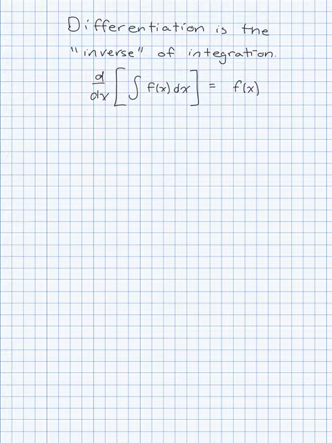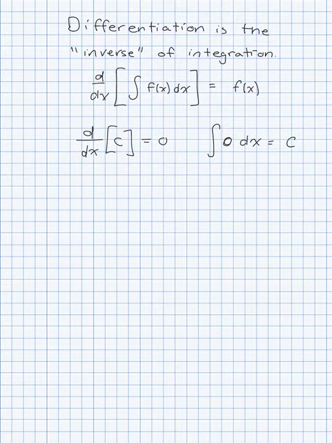For example, if we know that the derivative with respect to x of a constant is 0, then the integral of 0 with respect to x is going to be a constant.